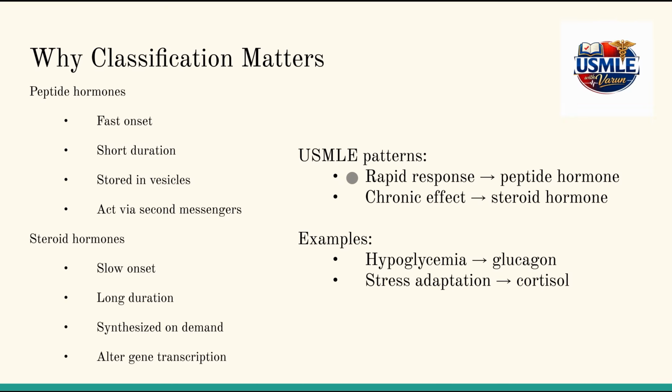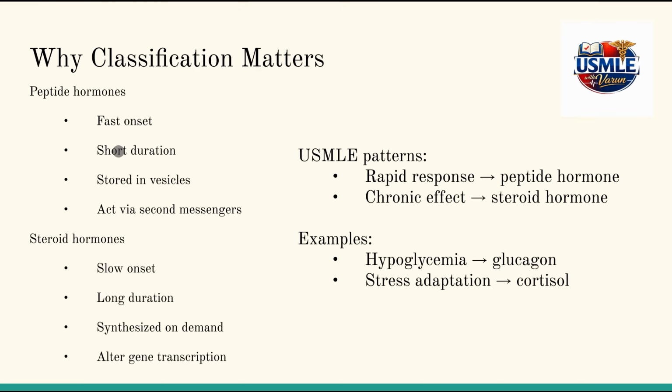In USMLE questions, rapid effects usually point towards peptide hormones, while long-term adaptations like chronic effects point towards steroid hormones. Examples include glucagon, which can correct hypoglycemia quickly, whereas cortisol helps the body adapt to chronic stress.